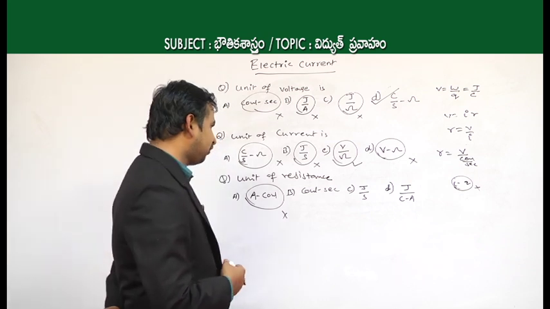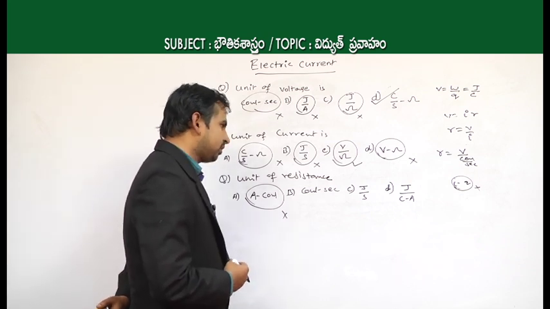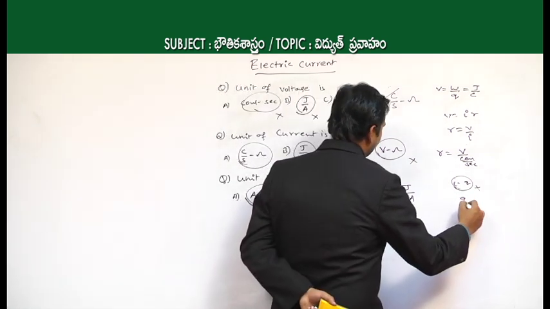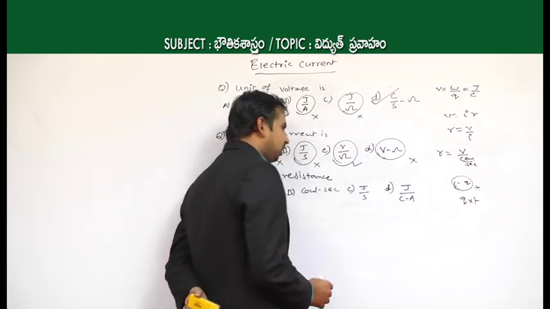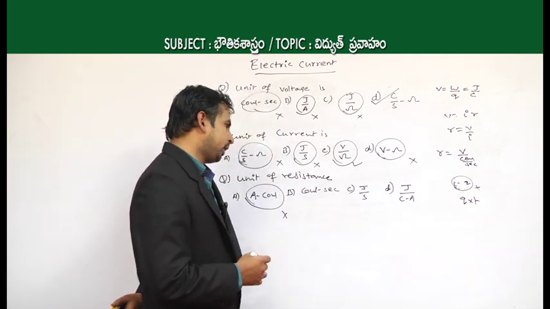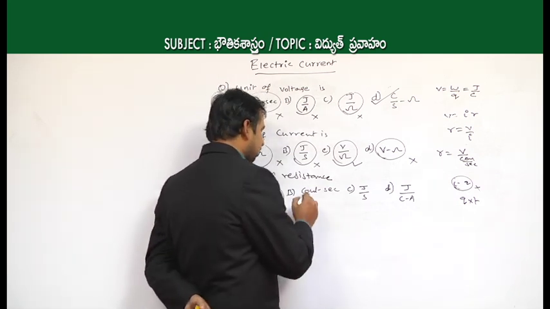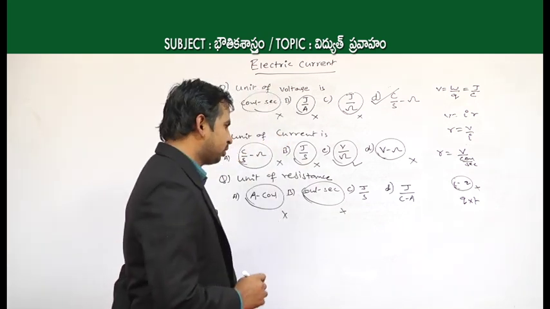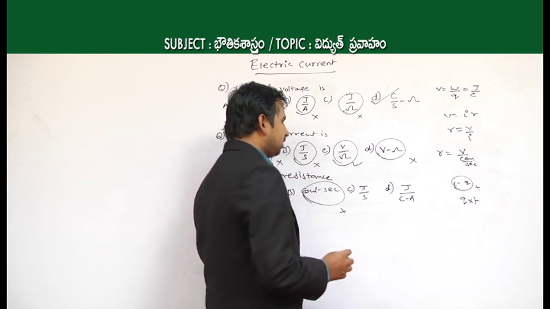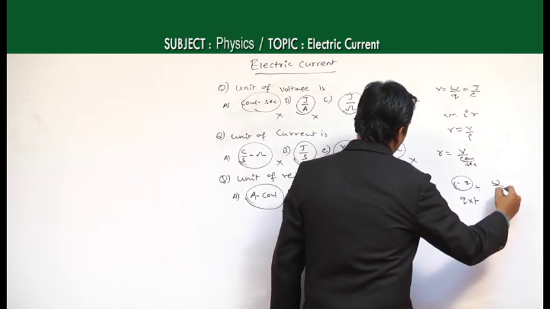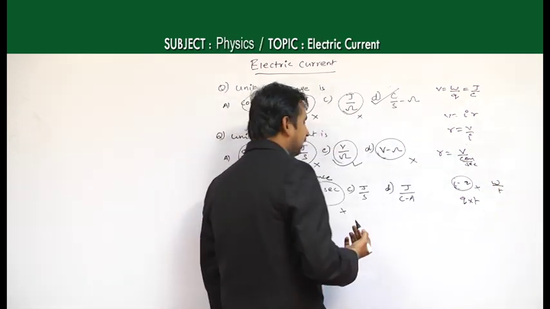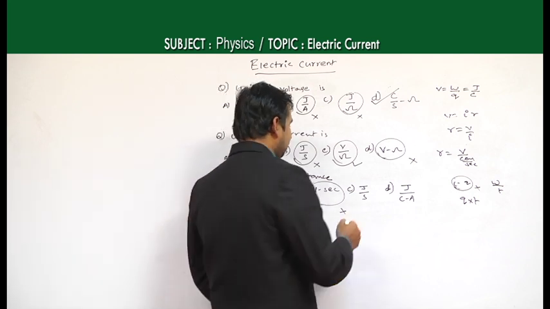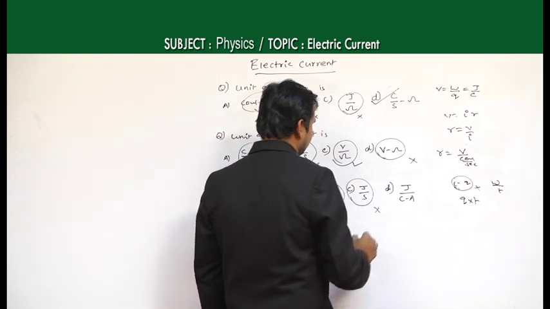The next one, coulomb second, is charge Q into time, Q into T, which is not about current, so that is also wrong. Next we have joule per second, which is work by time, which is power. So, this one is also wrong.